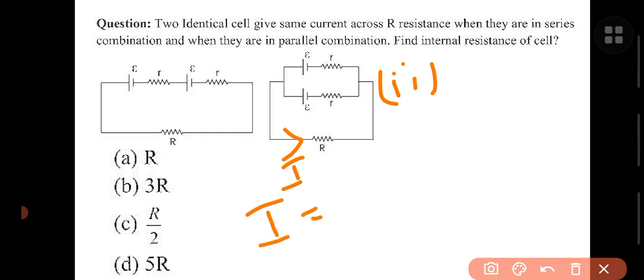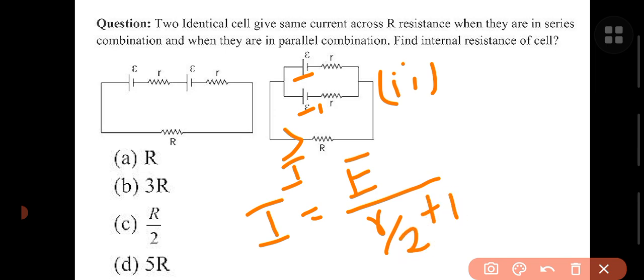Here the cells are connected in parallel, so I is equal to E divided by, these two resistors are parallel, so small r by 2 plus R.